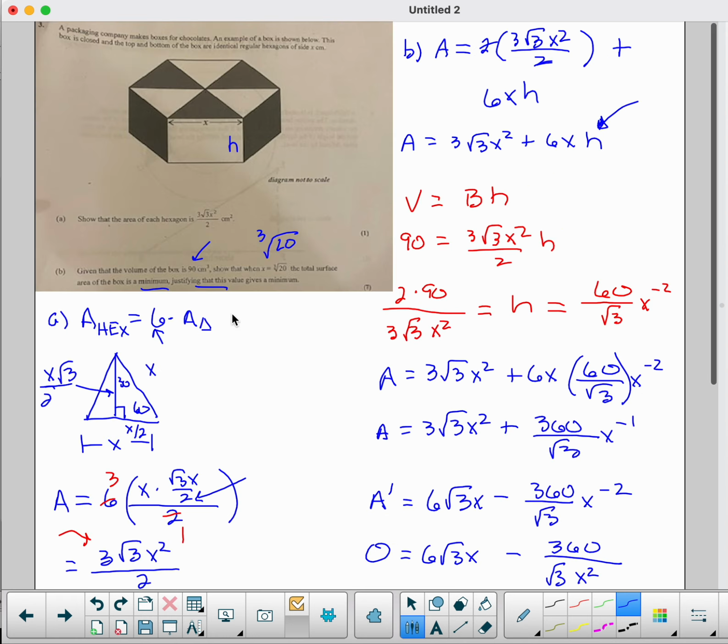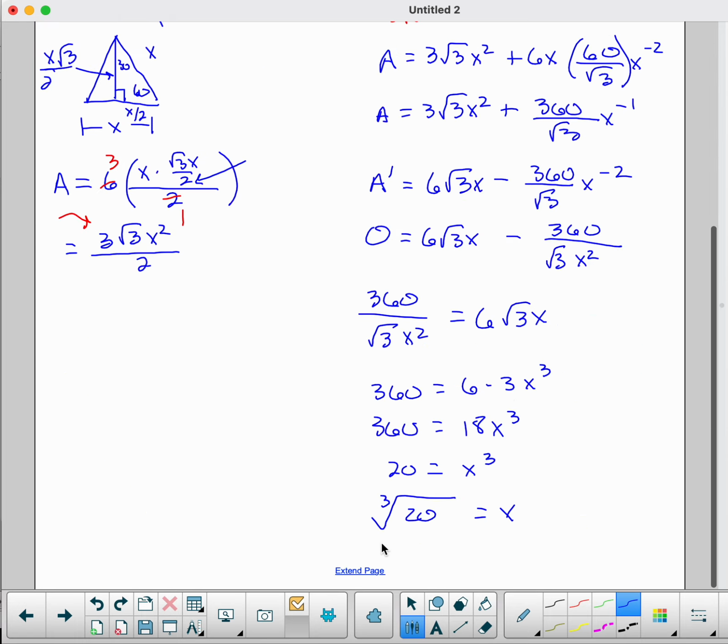They said to show that it's a minimum at that value. So I think perhaps we will go ahead and take the second derivative, because if we can show that the second derivative is always positive, then we know that it's always concave up.